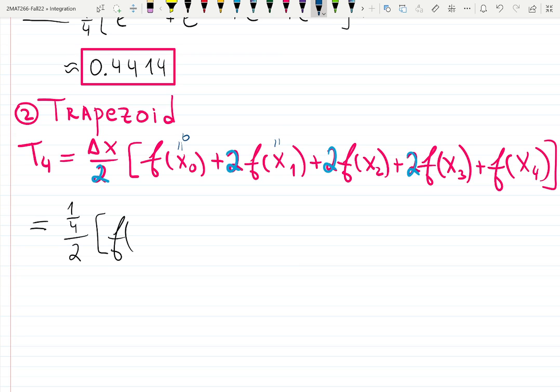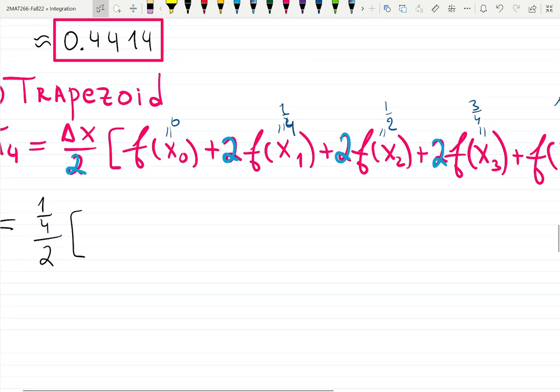F at 0, 1/4, 1/2, 3/4, and 1. If you want to do it with a pencil, doesn't matter. Just go fast. Let's not rewrite it, that's too much writing.